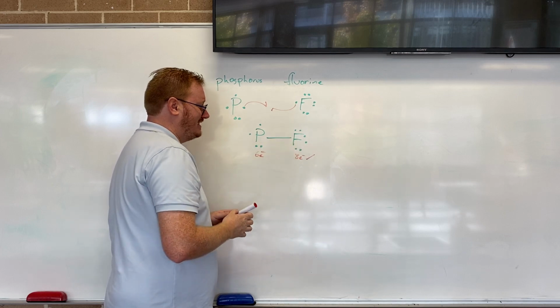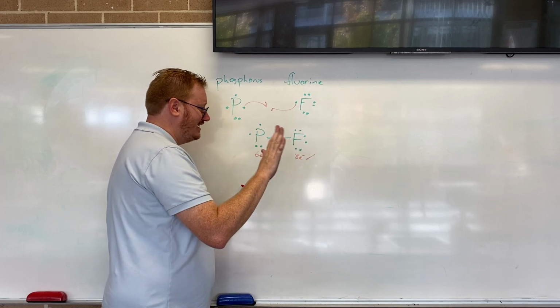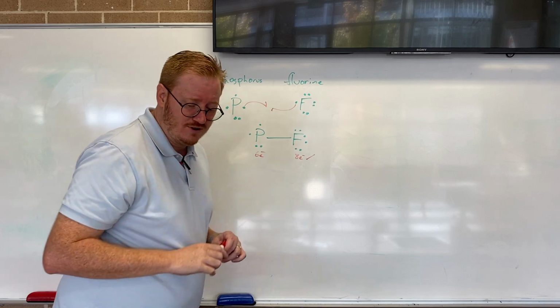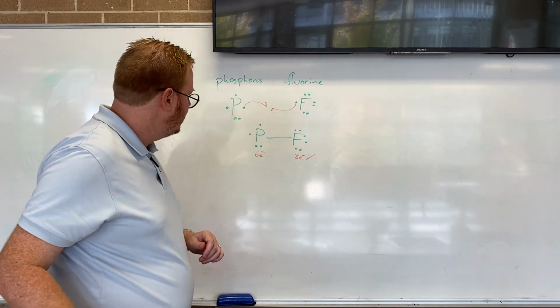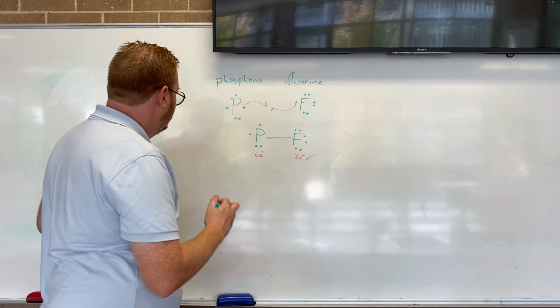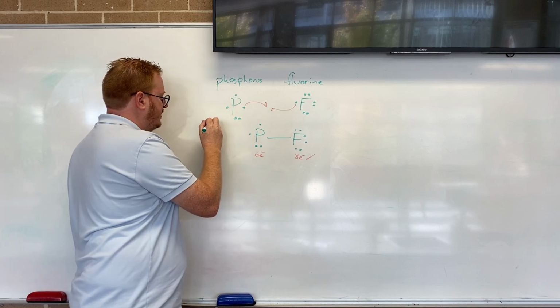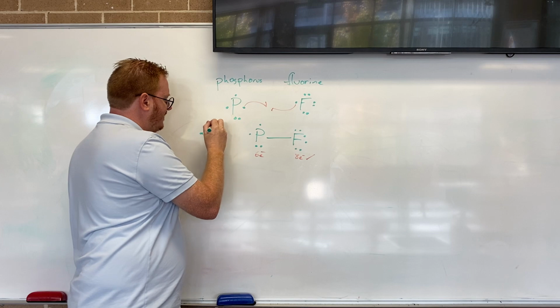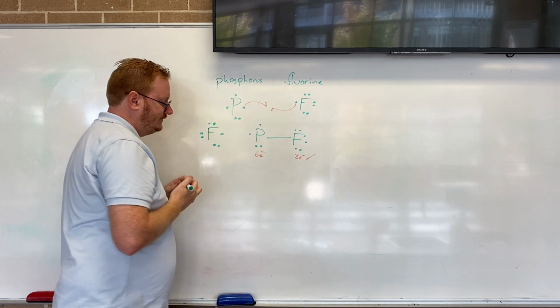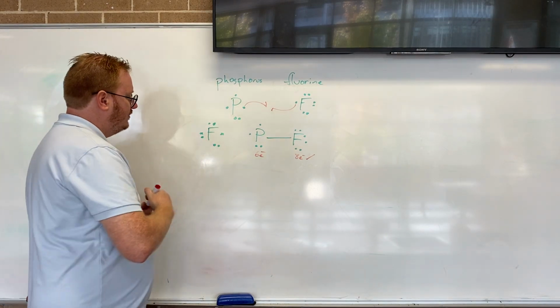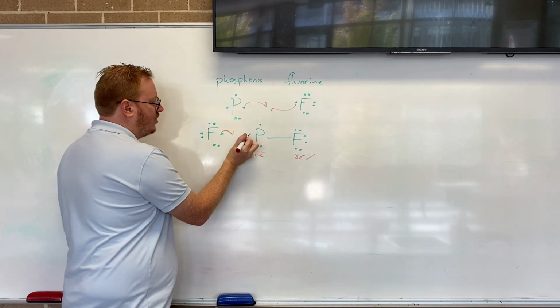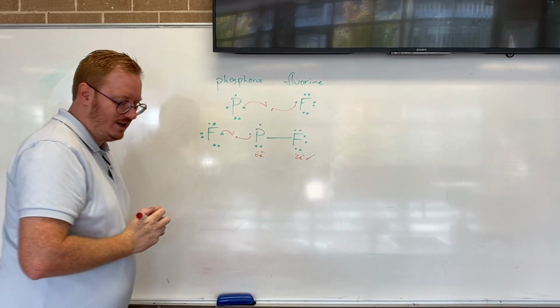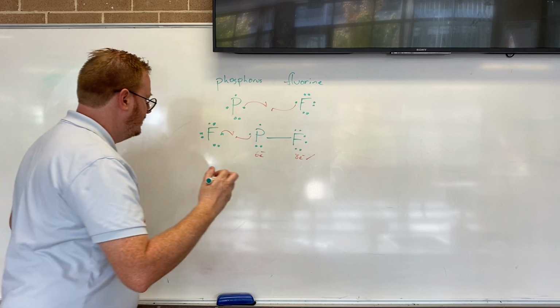Fluorine's already happy with its 8. It's already formed a single bond. It can't change it. We can bring in more fluorines. Okay? Let's bring in 1 more. Draw it over this side. 1, 2, 3, 4, 5, 6, 7. What we're going to do is form a covalent bond by 1 electron from each atom sharing.